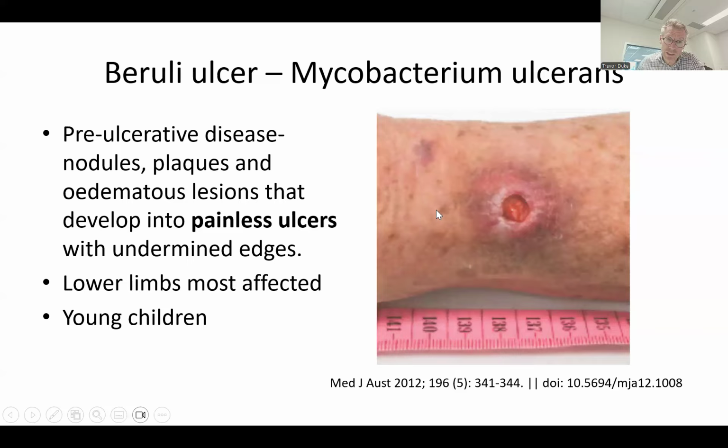In children, the lower limbs are most affected because the Mycobacterium typically affects the feet and the legs in young children who may get an infection from running around without shoes on in wet, moist, dirty environments. That's typically how Mycobacterium ulcerans is acquired.